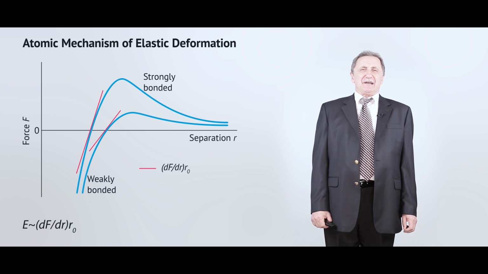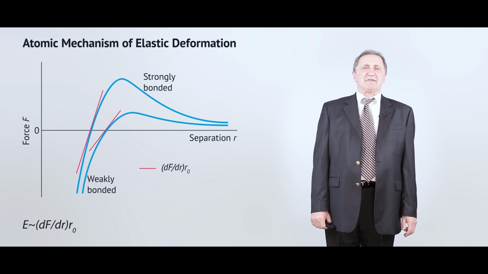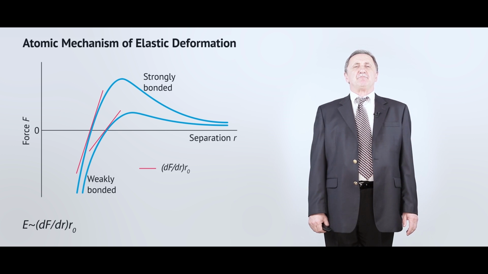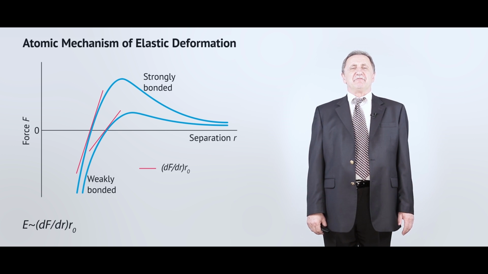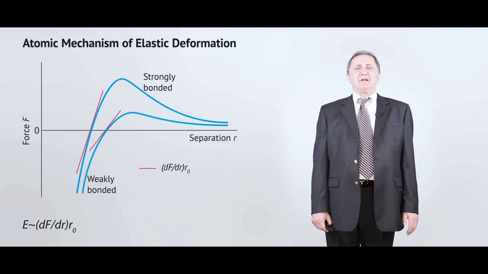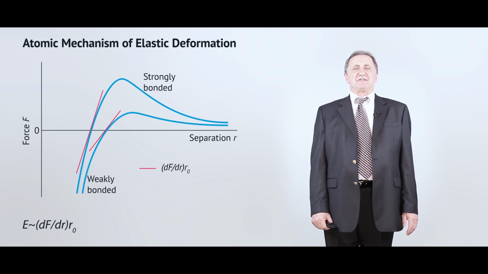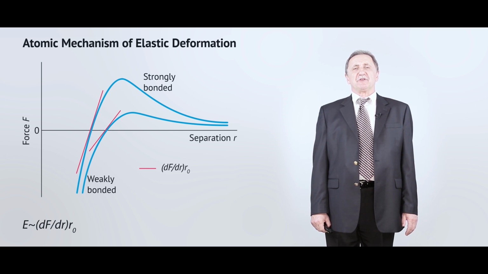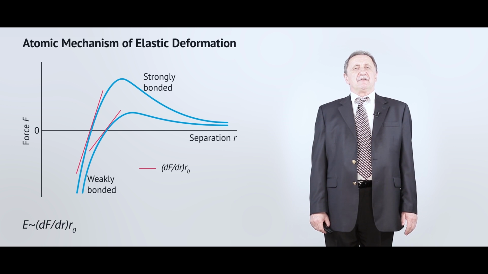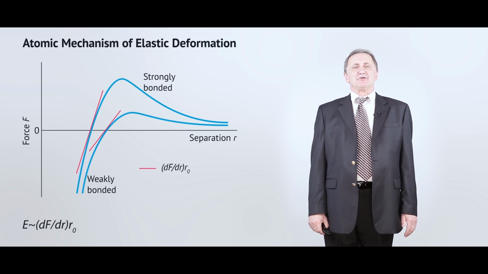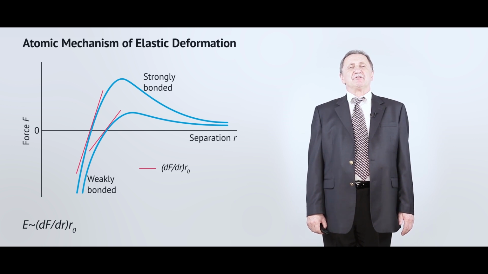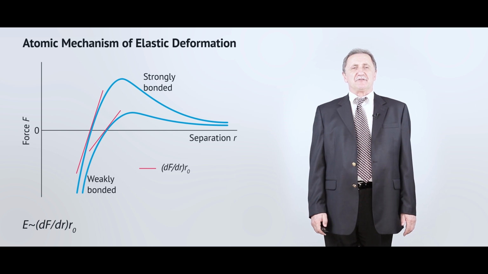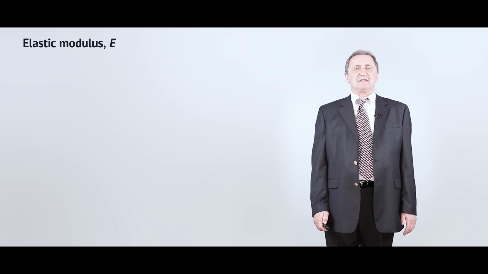So in some sense, the elastic modulus, which is responsible for the elastic behavior of the material, will be proportional to the stiffness of the atomic bonds, or mathematically, to the first derivative at the point R equals R0 of the characteristic force-distance curve. And this you can see on this slide.